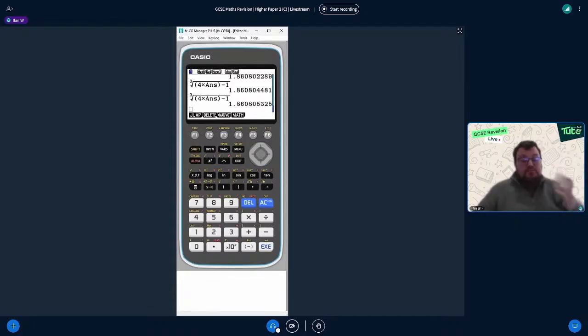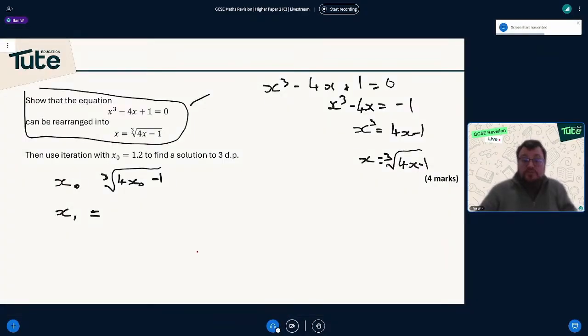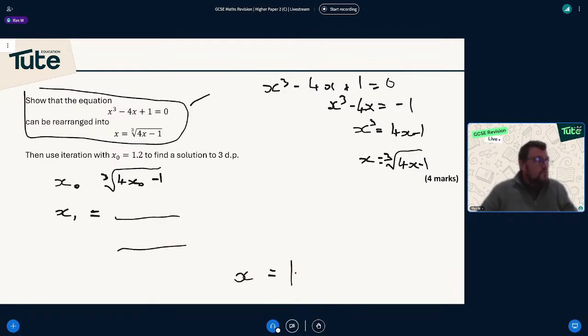Why to 4 decimal places when the question asks you for 3? Well, you need it rounded, don't you? So put the answers in here, a couple of them, right? But in the end, what you want is x is equal to 1.86. Now it says 860, but because the next number is 8, it's going to be 861.